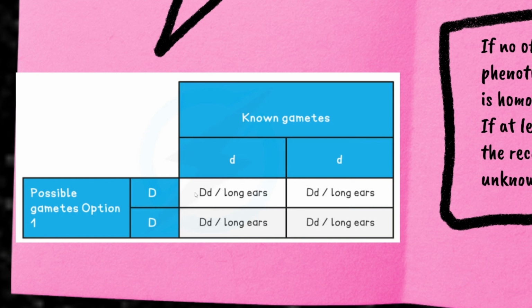If there's a single offspring which is homozygous recessive, it means that the organism that is being tested is heterozygous. Because remember, if there was a small d here, at one point there was going to be a small d with a small d, and it will give us short ears.